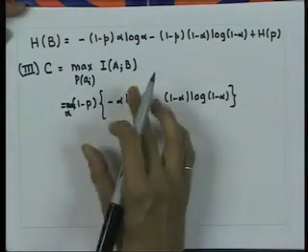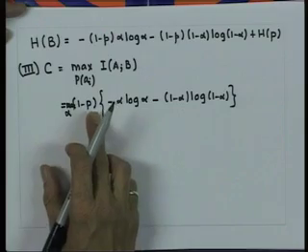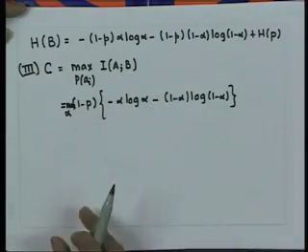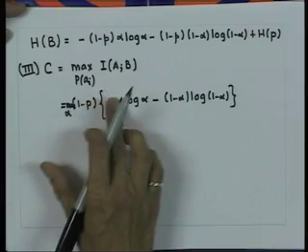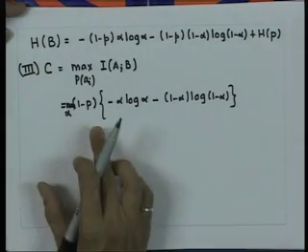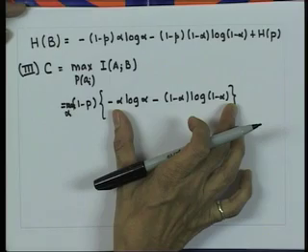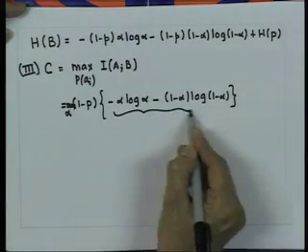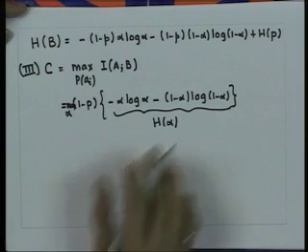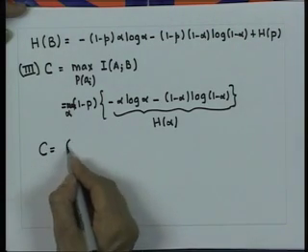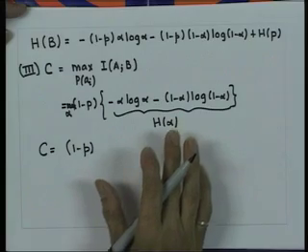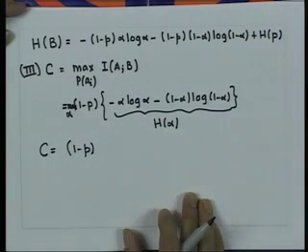Although we can determine the optimal value of alpha by taking the derivative of I(A;B) with respect to alpha and equating to 0, we can find it directly from the expression for mutual information by realizing that the part between the curly brackets is really H(alpha), and therefore its maximum value is 1, and hence C is equal to 1 minus P. This value is achieved when alpha is equal to half, that is, the input probability distribution is uniform.